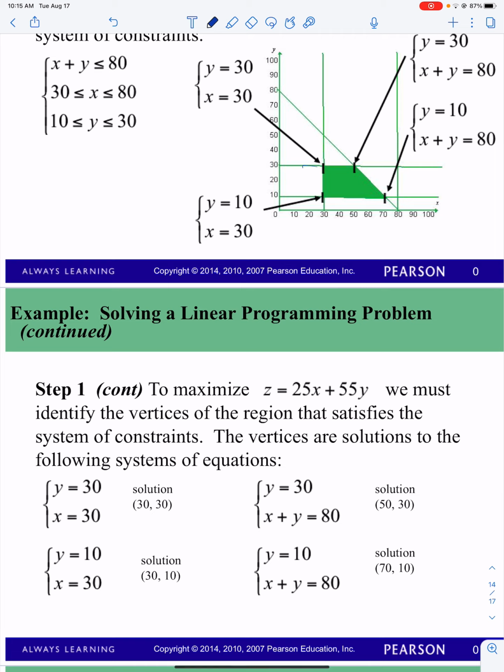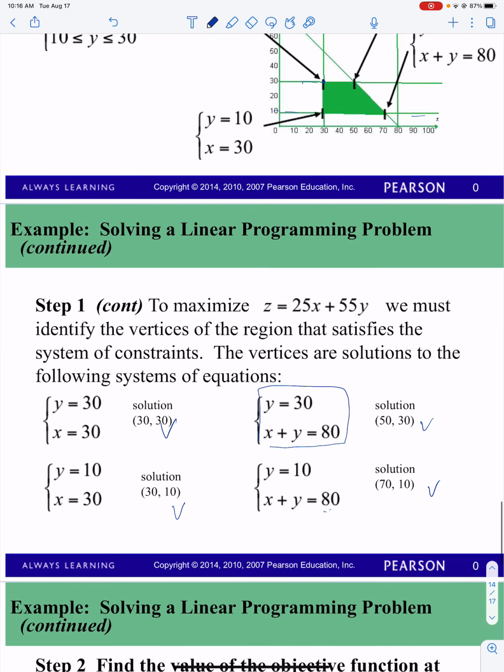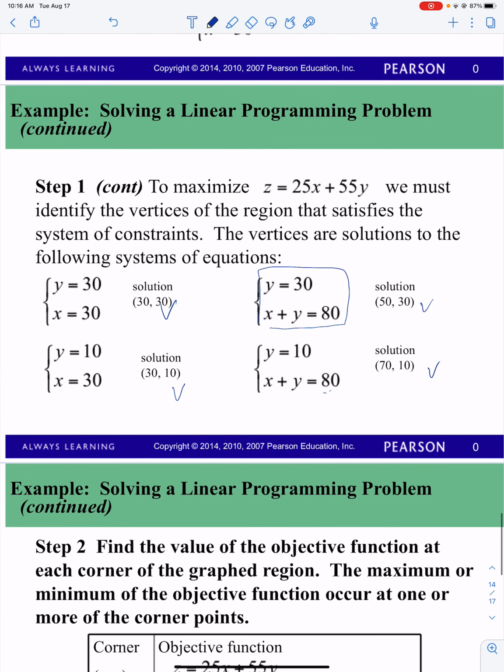This corner is easy, because we know that x is 30 and y is 30. 30, 10 is also easy. This one comes from the intersection of y equals 30 and x plus y equals 80. This one comes from y equals 10 and x plus y equals 80. So you get all four corners. Then we substitute all four corners into the objective function.